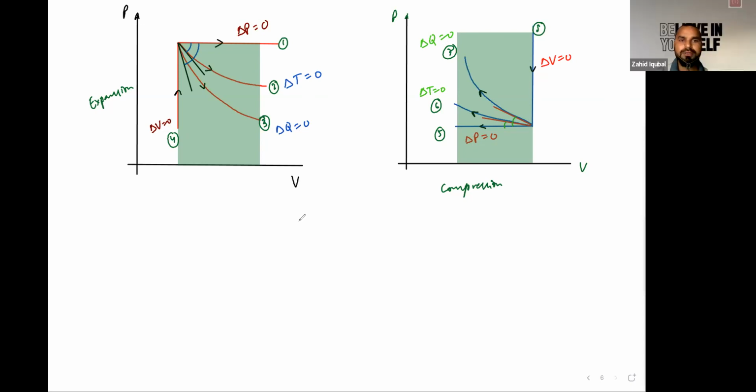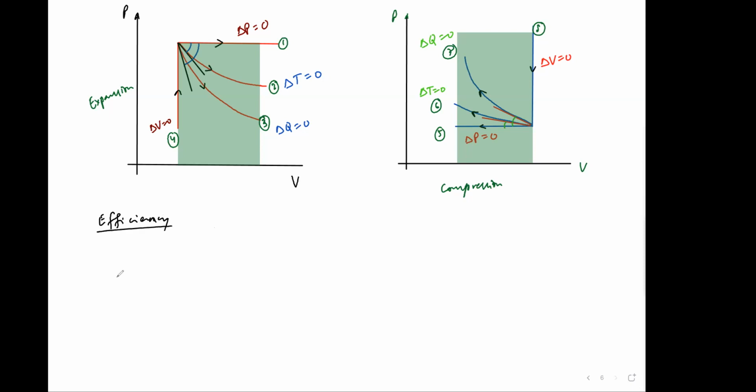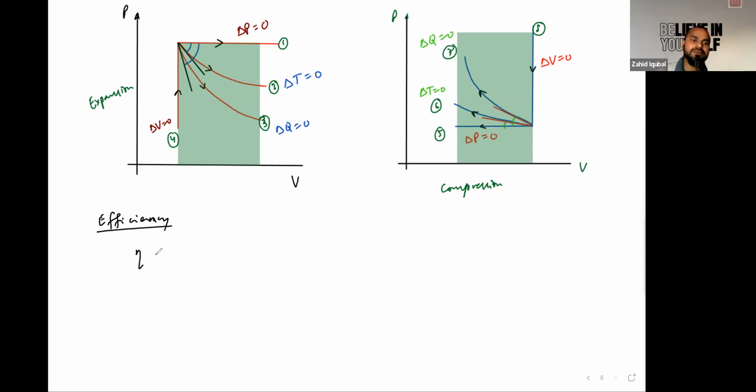So this is all about the different thermodynamic processes. Next, on the basis of heat engine, refrigerator, and heat pump, you will be asked to define or calculate on the basis of efficiency. According to the formula, eta equals work done divided by heat absorbed.